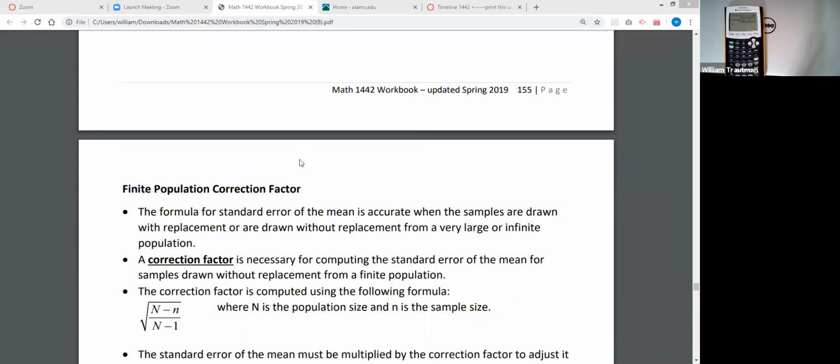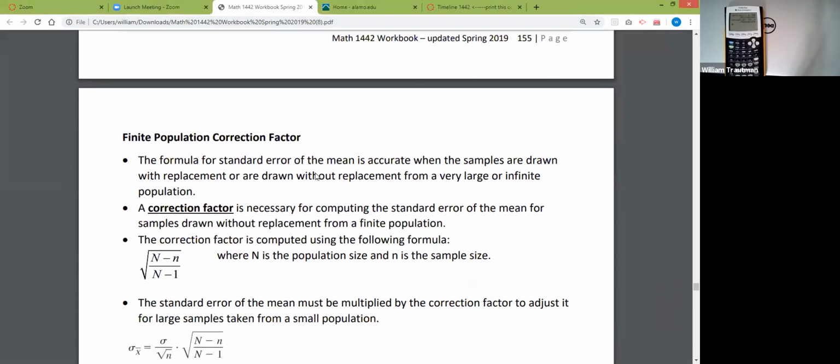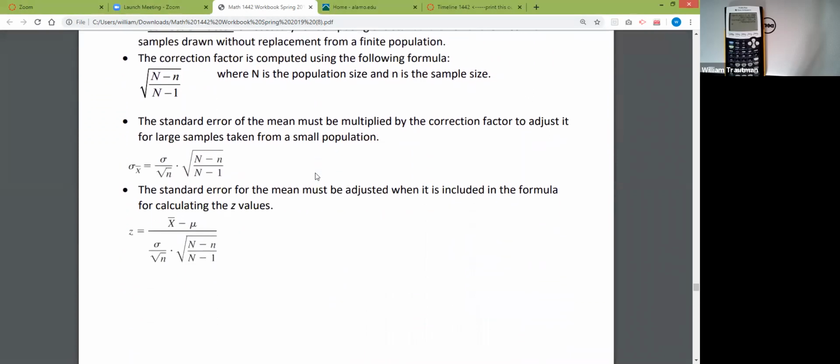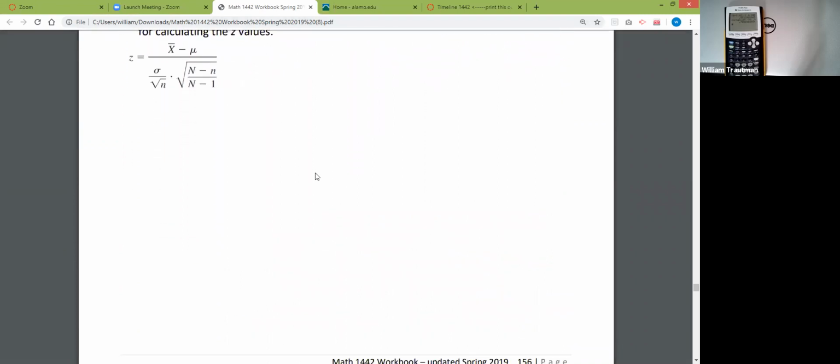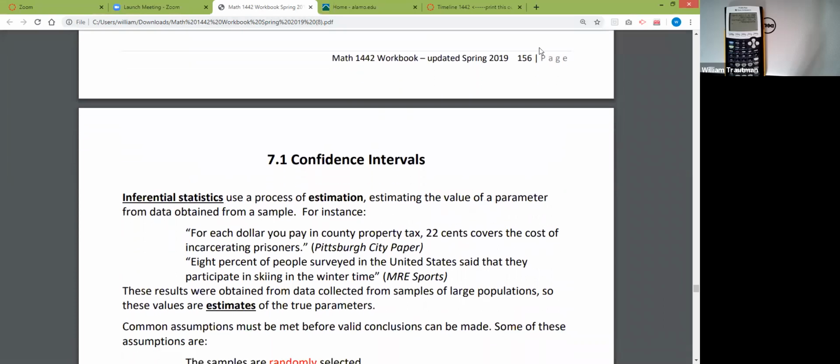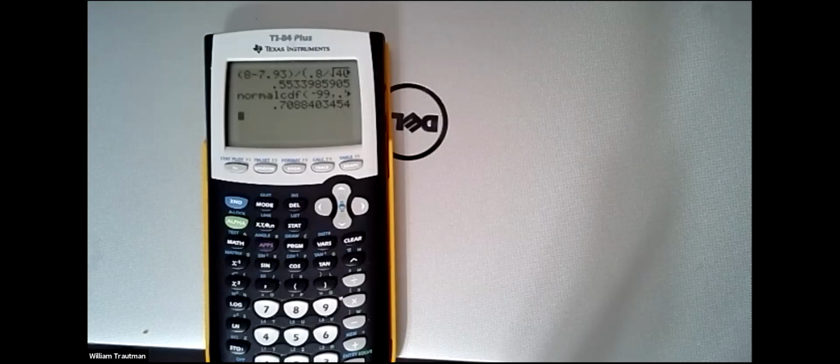And the rest of this is not on the test, not on the final. Don't worry about these standard error formulas. And that is section 6.3.